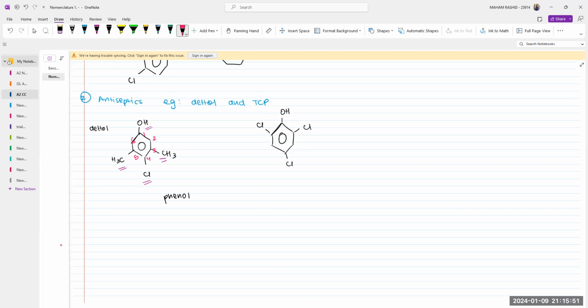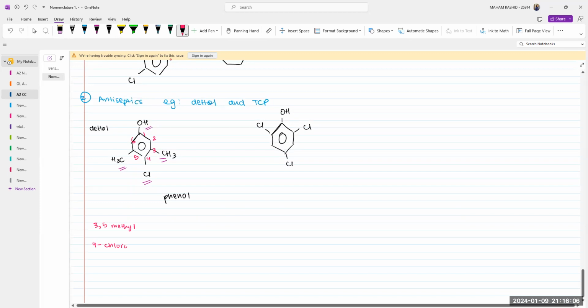I know that I have 3, 5 methyl, and at 4 I have chloro, right? Actually, this will be 3, 5 dimethyl because we have two methyl groups, right?